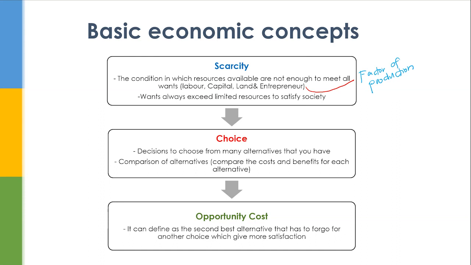And capital. Capital is human-made resources which are used in the production process to produce other goods and services. For example, machinery, raw material, buildings, tools and others. Because it means human-made resources, capital doesn't mean just money here.